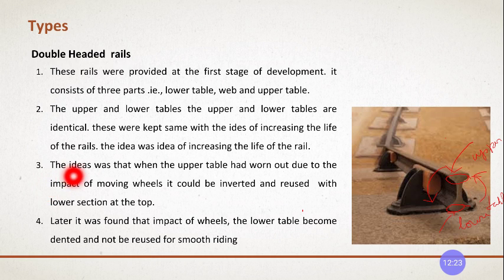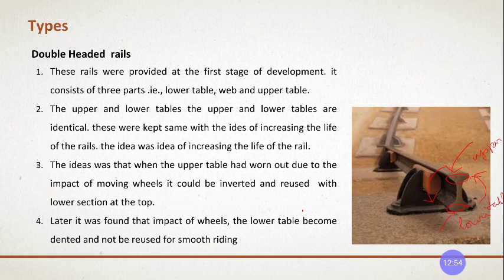The idea was, when the upper table wore out due to the impact of the moving vehicle, we would invert it and reuse the lower section. But later it was found that the impact of the wheels dented the lower table just like the upper table, and it could not be reused for smooth riding. The way the upper surface wore out, the lower portion also wore out.